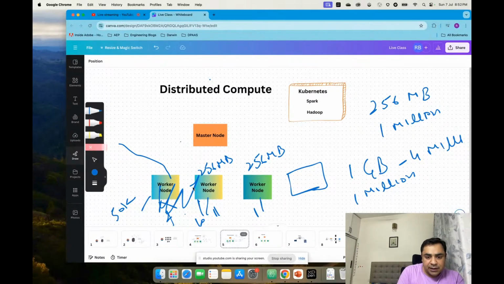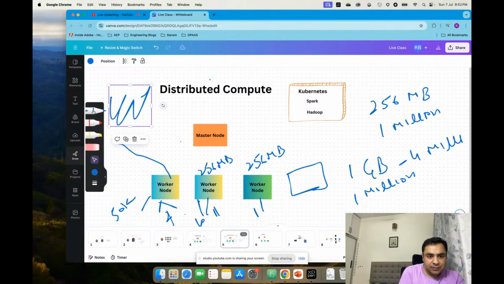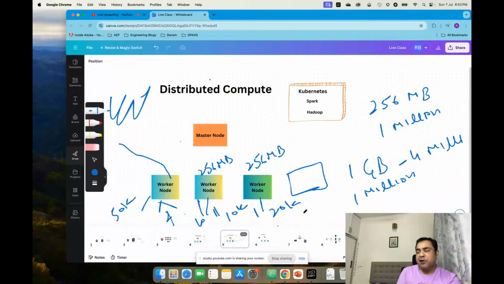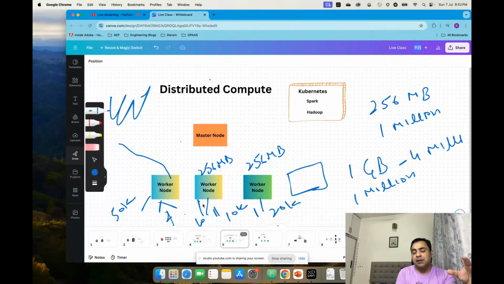So it will say 10k, it will say 20k. So at the end of day, what we have to do is sum up all of them. In MapReduce, some part of the work would be done in the mapper, and then the reducer would be there.